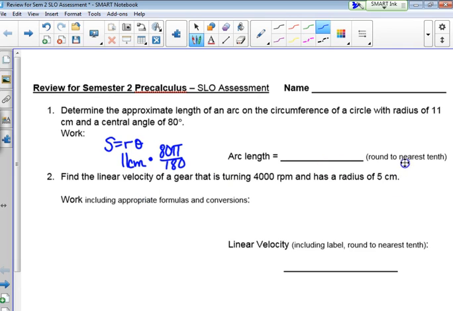And it wants to the nearest tenth, so we don't need to do any reducing. We can just type it in. (11 times 80 times pi) divided by 180. I have 15.4. Anybody else? Label. If it's an arc length, so it's centimeters. Remember, radians just kind of disappear.